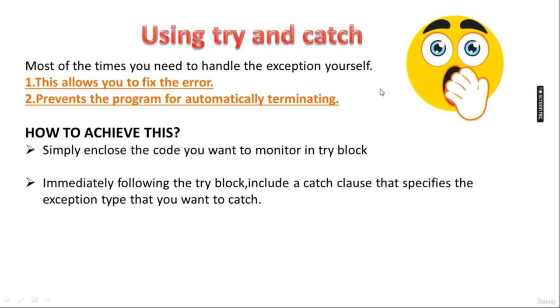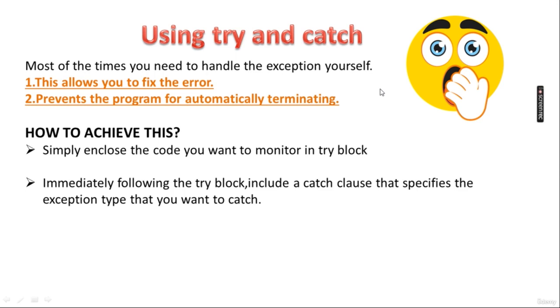But when you are trying to read a very big program, like 10,000 lines of code, how many lines will you check? 10,000 lines. For 10,000 lines, you may require 2 to 3 hours to check where this exception is occurring.